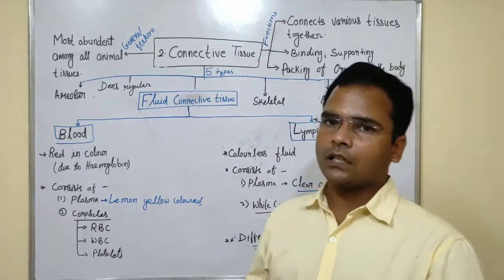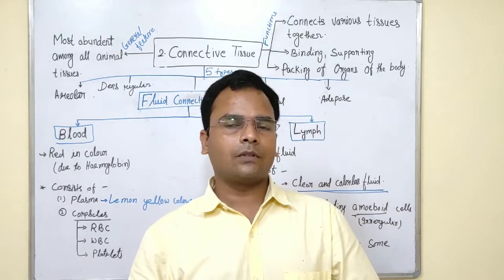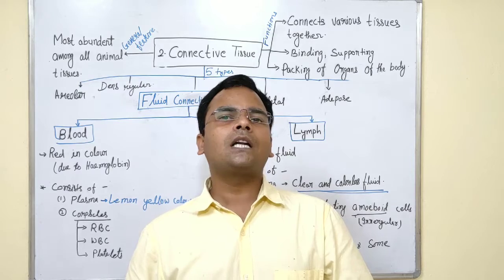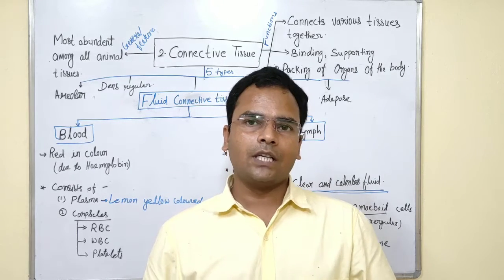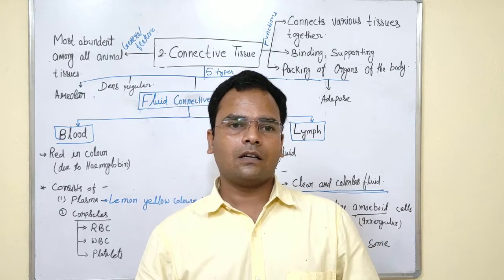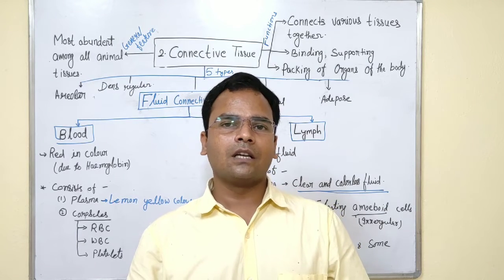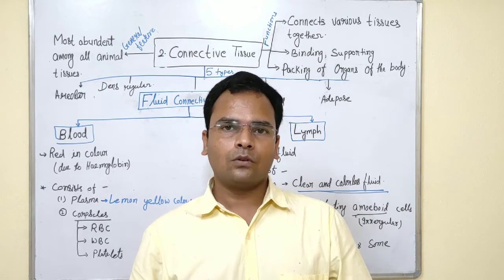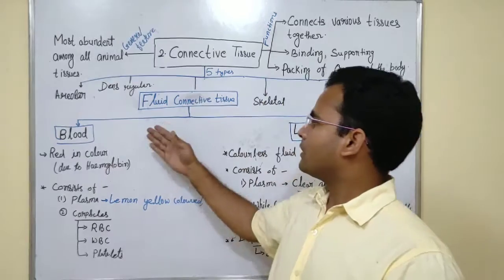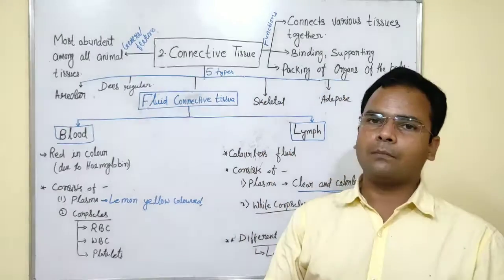But in lymph, the respiratory gases cannot be transported because hemoglobin is not there. Of course, some antibodies and other elements which can fight the disease-causing elements are present. So I have cleared the difference between blood and lymph.